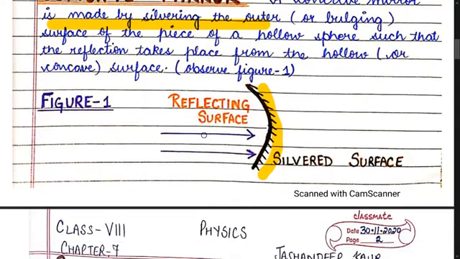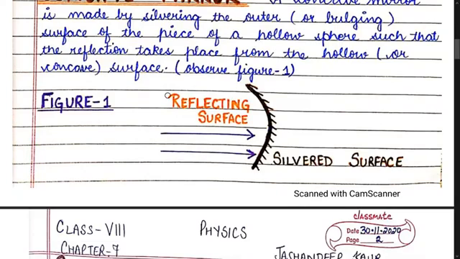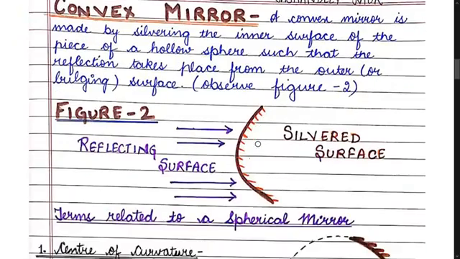So in a concave mirror, the bulging part or the outer surface is silvered, while reflection is occurring from the hollow surface. See in figure 1, the hollow surface is looking like a cave, so it is named concave mirror.